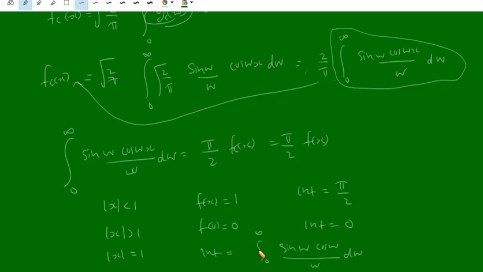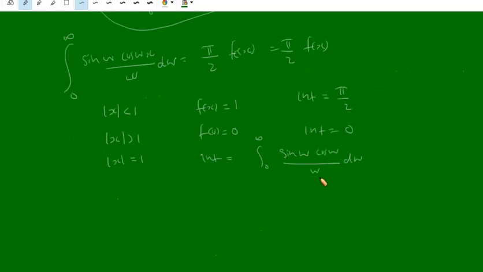Okay. Now we have an equation sine 2a is equal to 2 sine a cos a. So this sine omega cos omega can be written as sine 2 omega by 2.